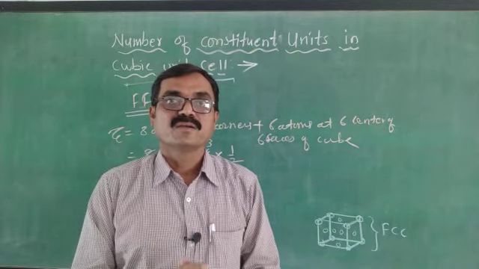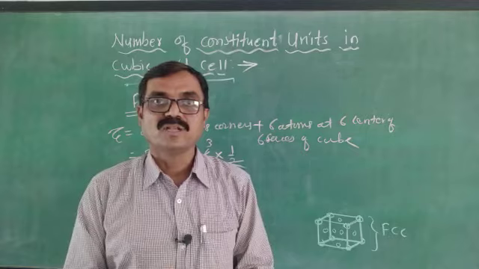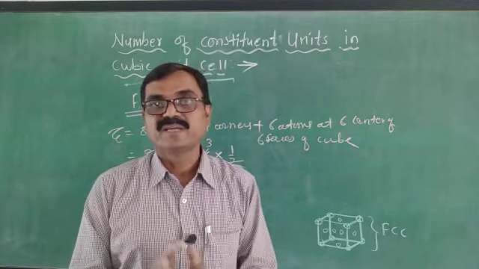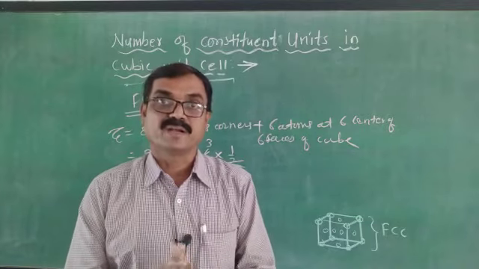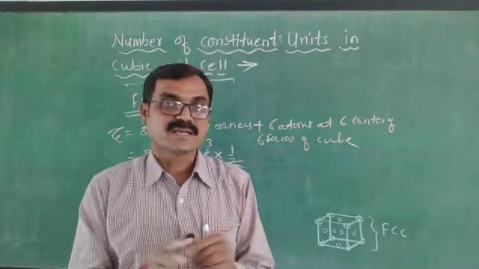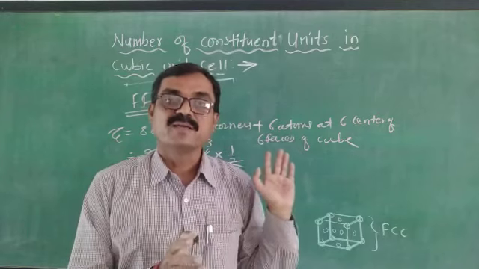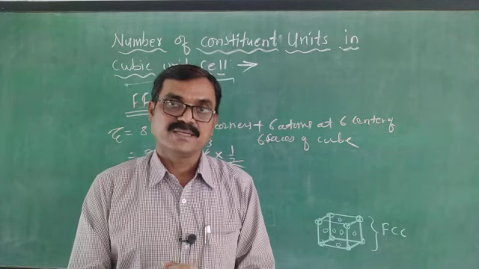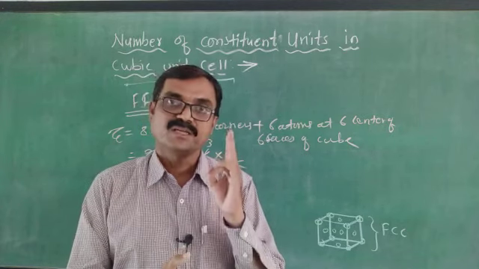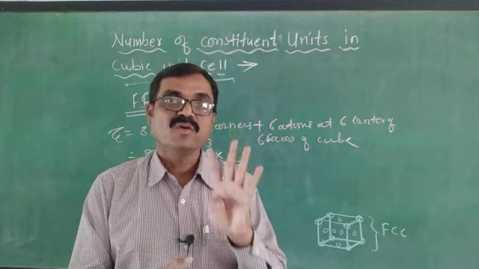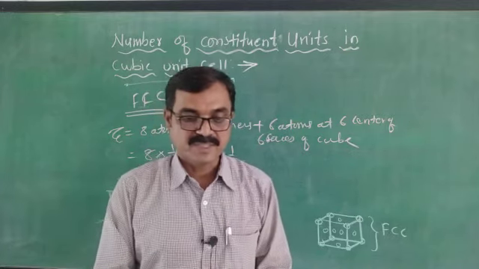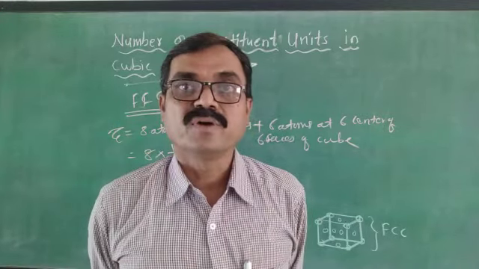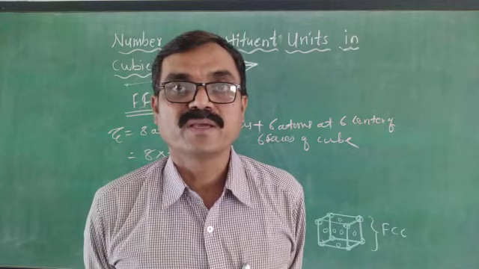Here we have seen completely how the number of atoms and ions in the given unit cell is calculated, if the unit cell is cubic type, don't forget, only a cube, all sides equal. That's why in a cubic crystal the lattice sites are 1 for SCC, 2 for BCC, and 4 for FCC. Now this is the end of the number of constituent units in a given unit cell or cubic crystal.